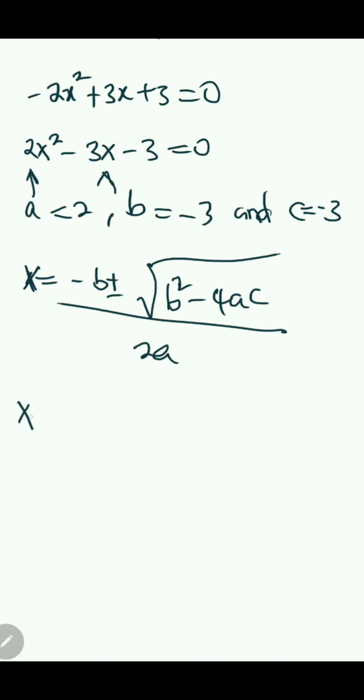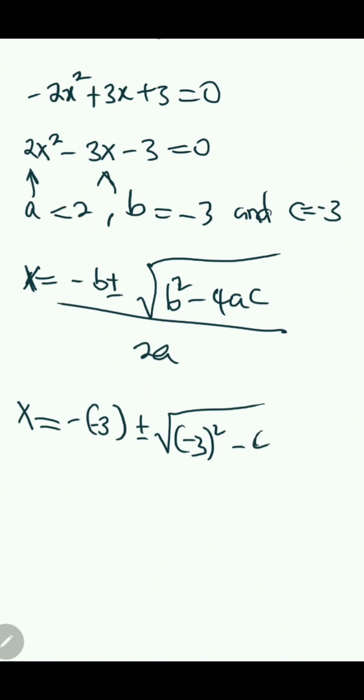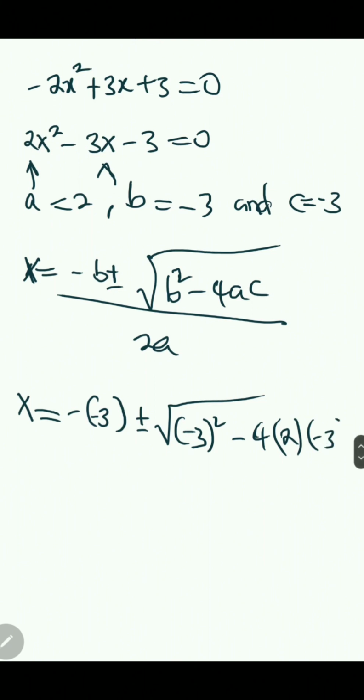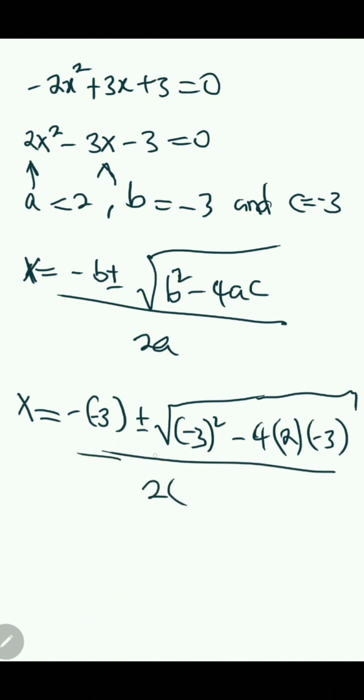So I will have x equal to negative, then b is negative 3, then plus or minus the square root of, open brackets, negative 3, close, squared, minus 4 times 2 times negative 3. Then everything divided by 2 times 2.